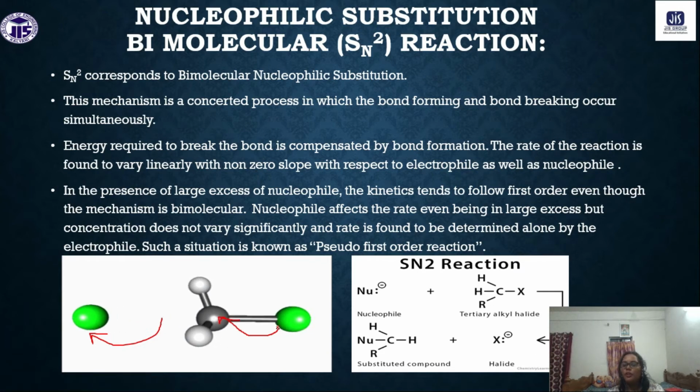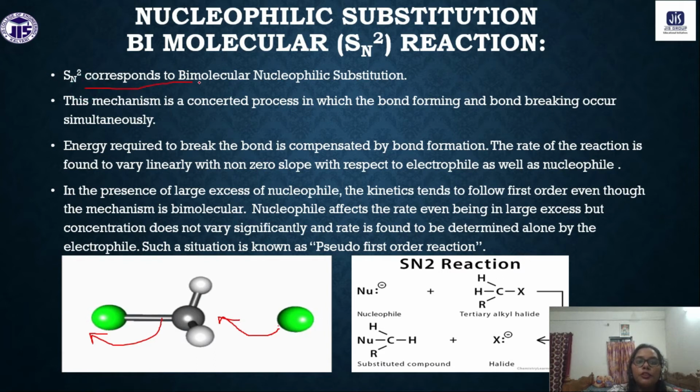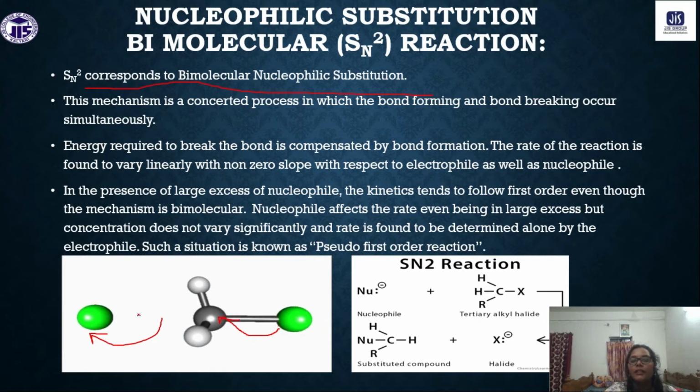Now, because of this simultaneous attack, the configuration will change. Whatever compound we are getting, the configuration will be totally reversed. SN2 corresponds to bimolecular nucleophilic substitution, as the leaving of the group and the attachment of the group are simultaneous.